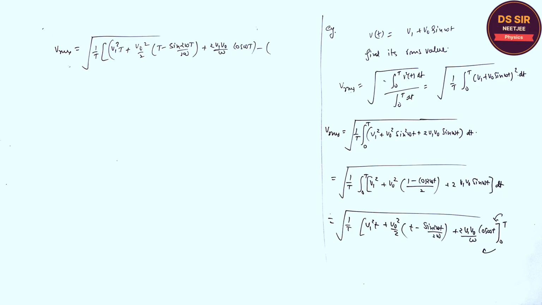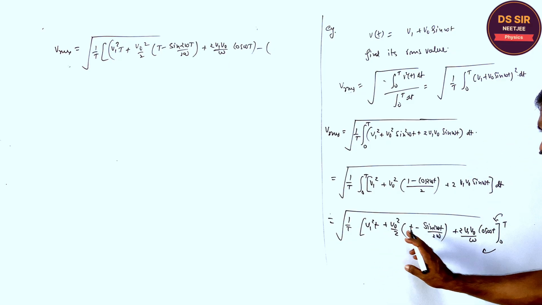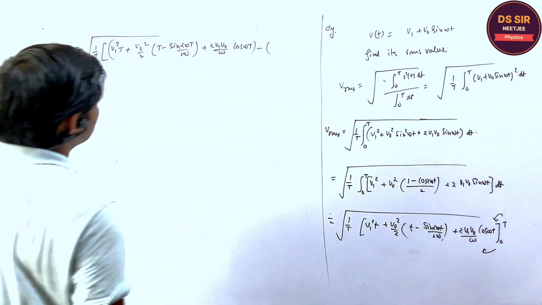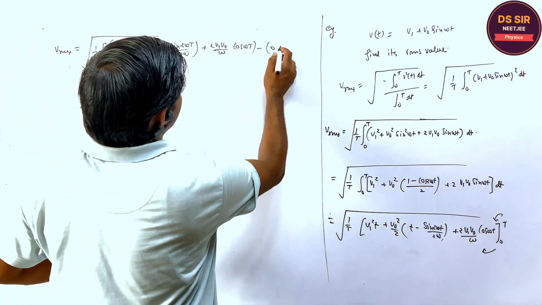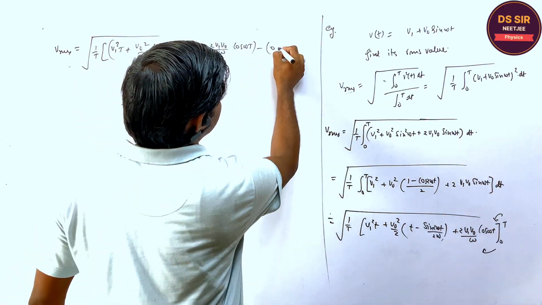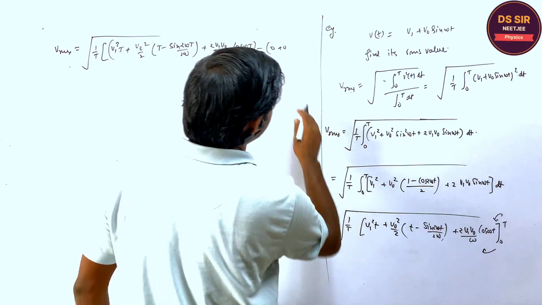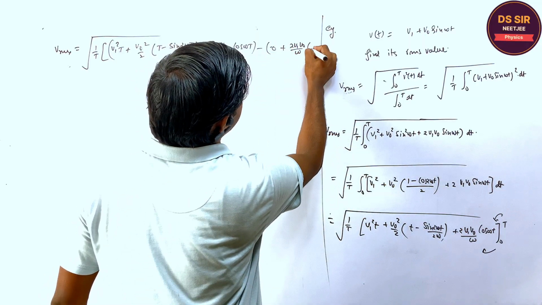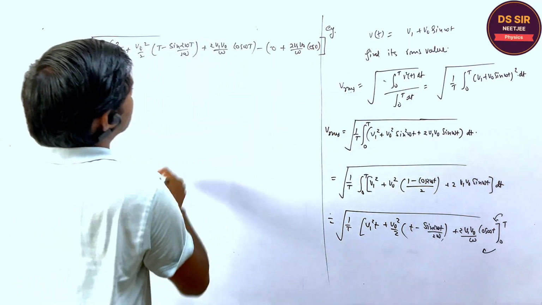Wait for a minute. This is sin omega t upon T. When you put 0, this is 0, this is also 0, and only one term is left: 2 V1 V0 by omega and this is cos 0. Is it clear or not?